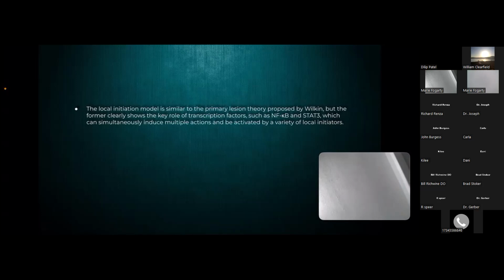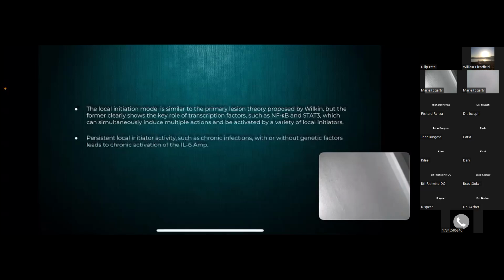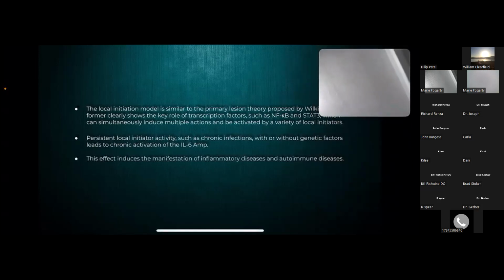They are the common thread. Persistent local initiation activity, such as chronic infections with or without genetic factors, leads to chronic activation of interleukin 6 amplification. This effect induces the manifestation of inflammatory diseases and autoimmune diseases. Now we know.